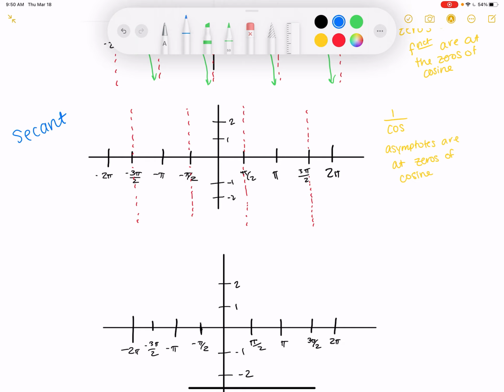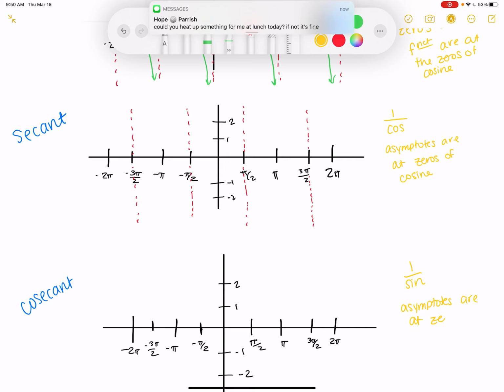Okay, and then for cosecant, it's 1 over sine. And the asymptotes are at the zeros of sine.